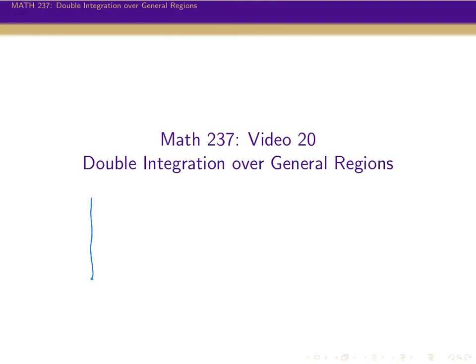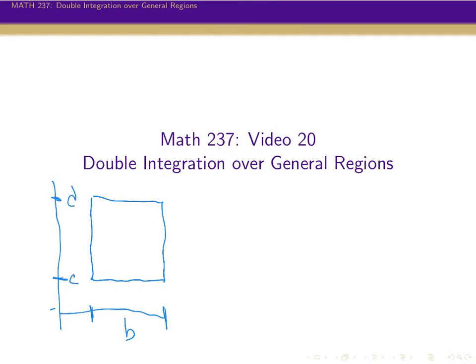In our last video, we talked about doing double integration over rectangles, and that was very nice. If we have some rectangle where the bottom is talking about x values going from a to b, and the y values going from c to d, and we have some function over this, we could get this nice integral.